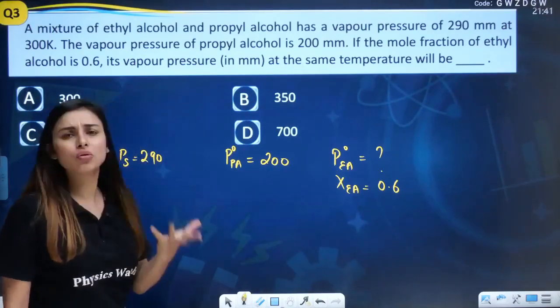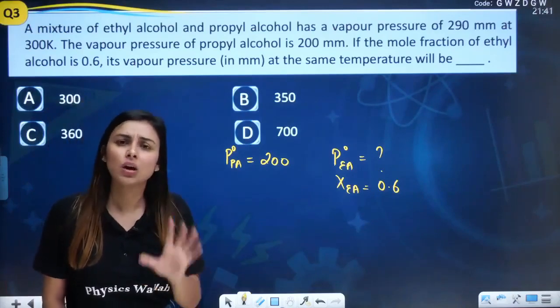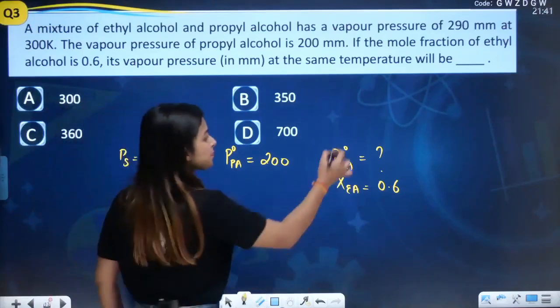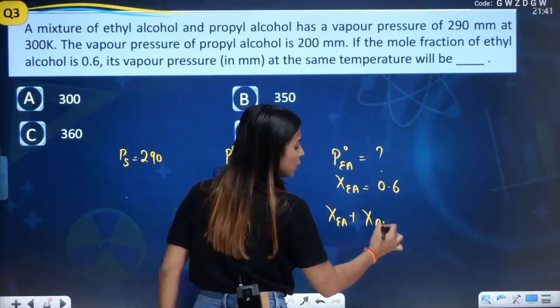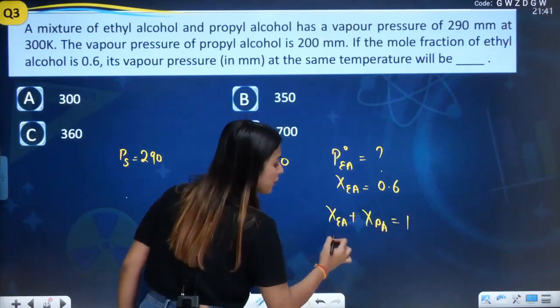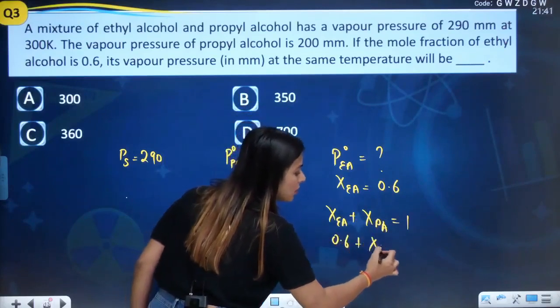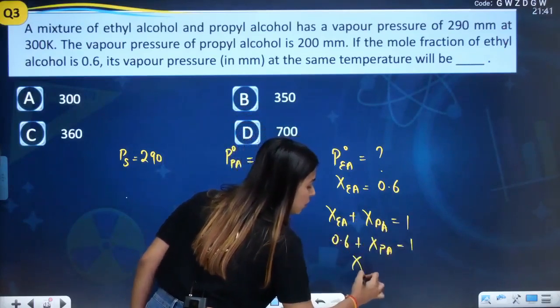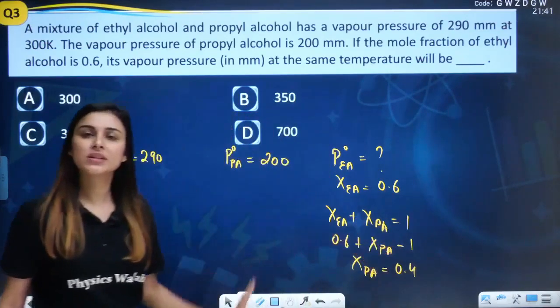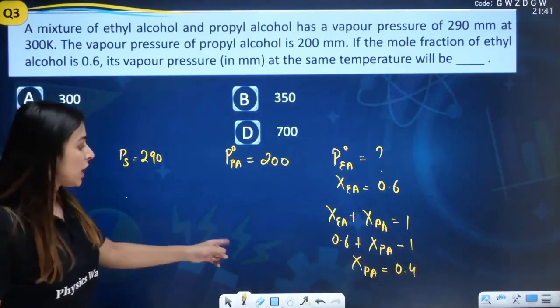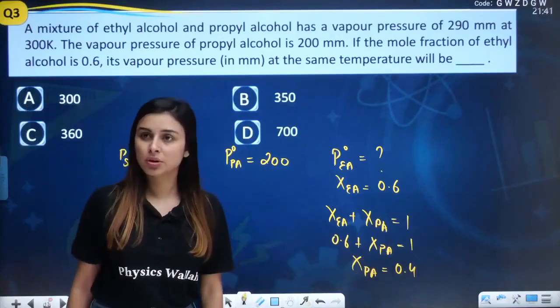Now, my dear students, you know that it is a binary solution. So for a binary solution, the mole fraction of ethyl alcohol plus the mole fraction of propyl alcohol should be equal to 1. So if it is 0.6, then the mole fraction of propyl alcohol will be 1 minus 0.6, which is 0.4. So now you have mole fractions of both, right?